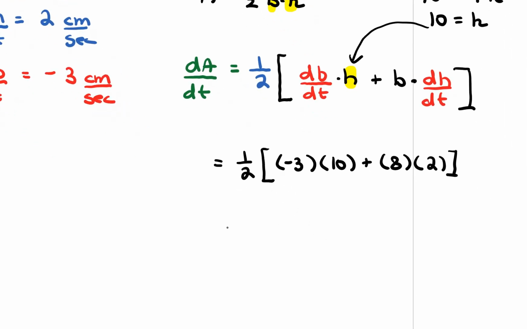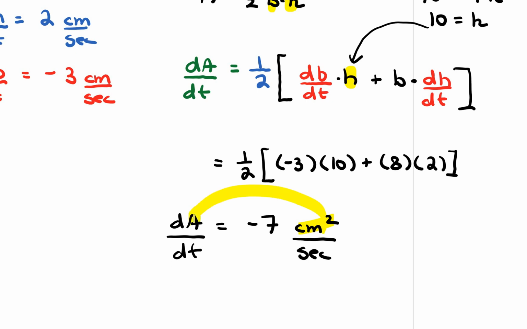All right, so once we plug those numbers into your calculator, we should get -7 centimeters squared per second here, and this is going to be dA over dt. And once again, I look at my units here, and area matches centimeters squared, and seconds does match time. So that answer should be appropriate for this problem.